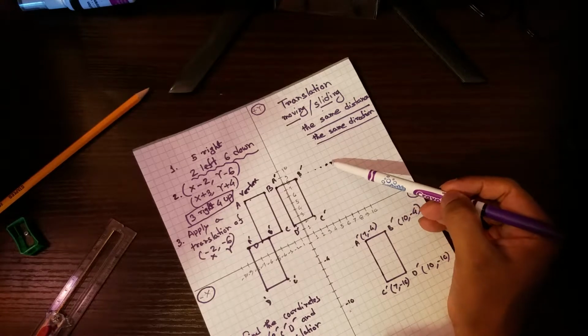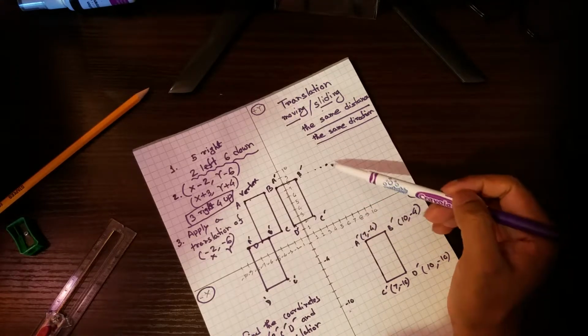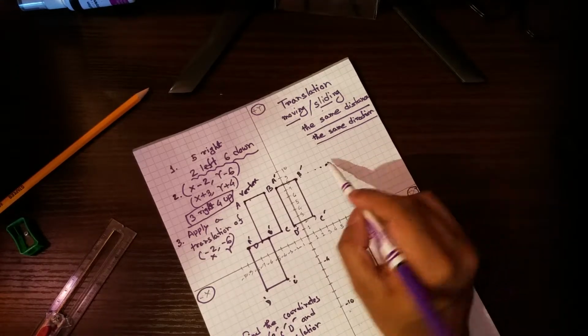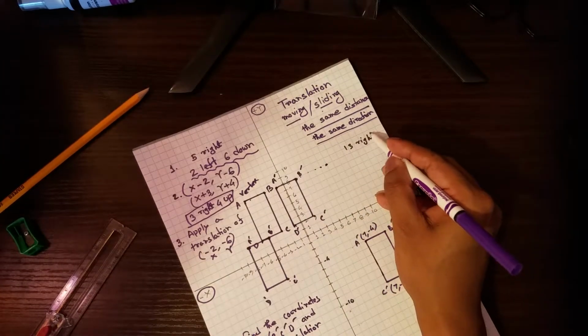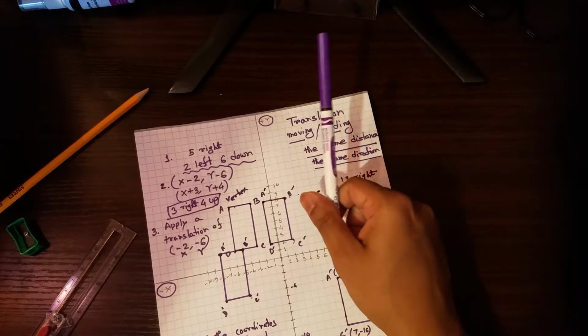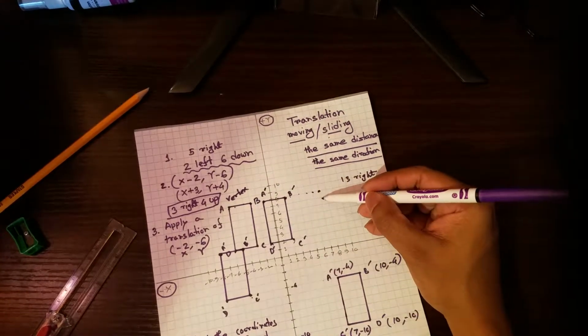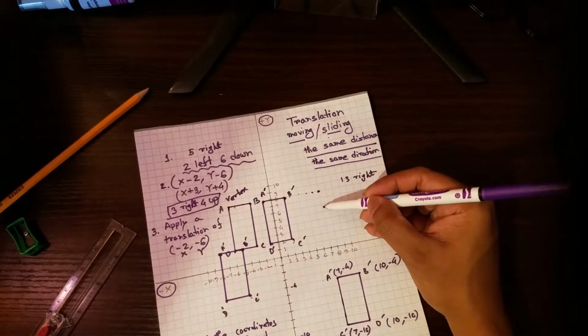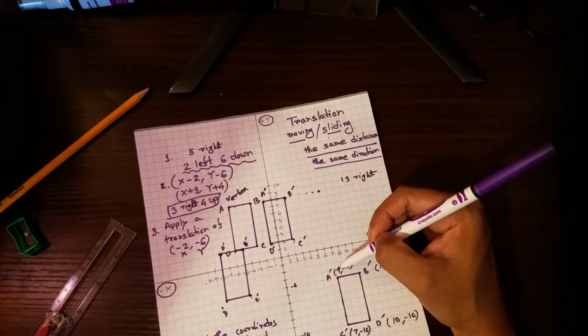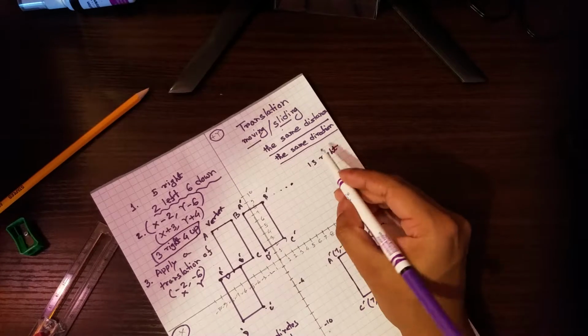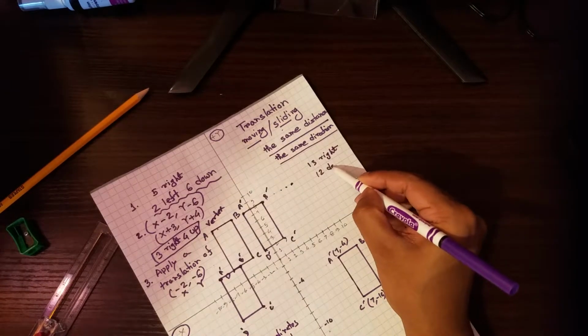So if you stop here, you'll see this is exactly here, so that is 13 units to the right. So that's 13 right. Now we see that it's going down, so let's see how many units. So 1 2 3 4 5 6 7 8 9 10 11 12. So that is 12 down.